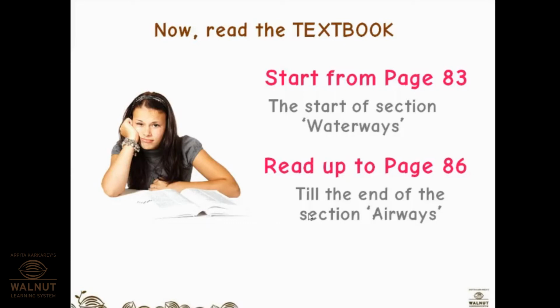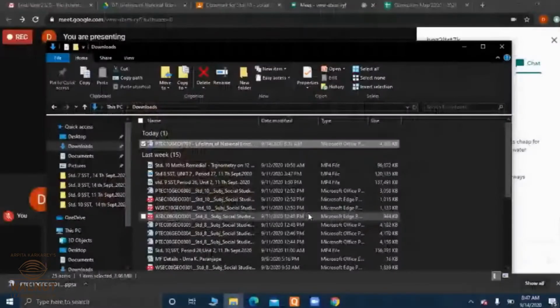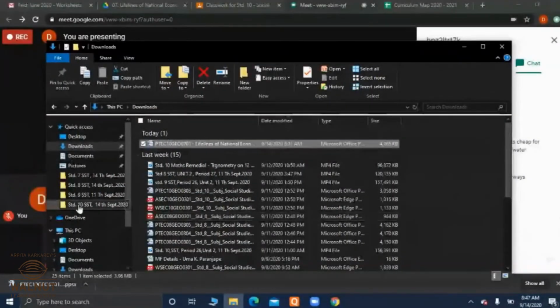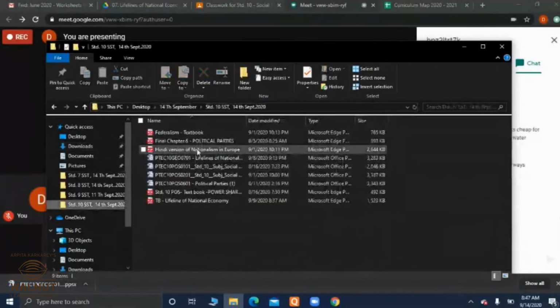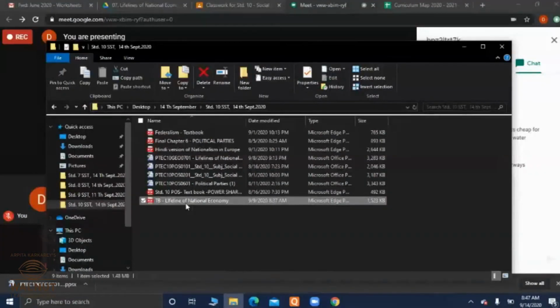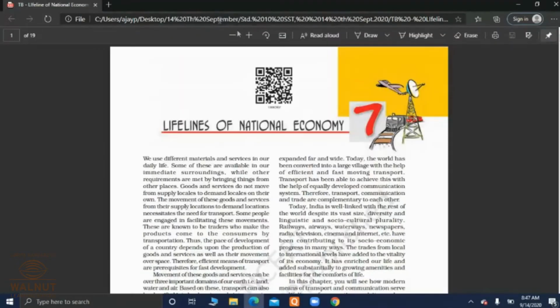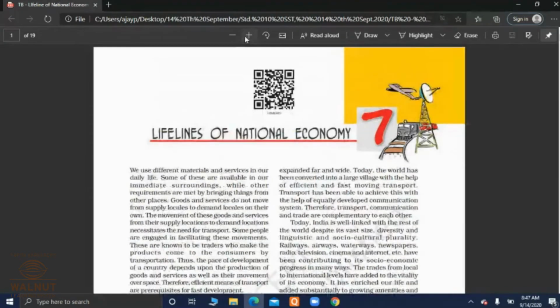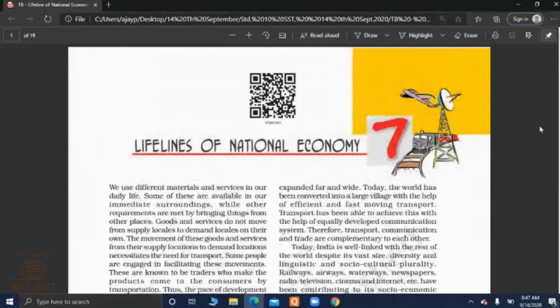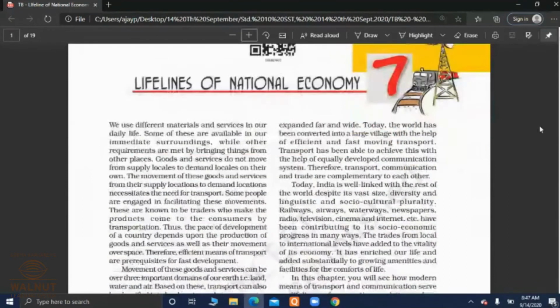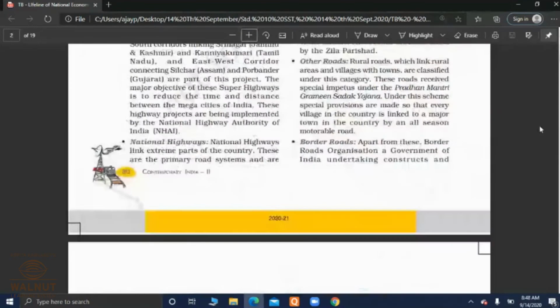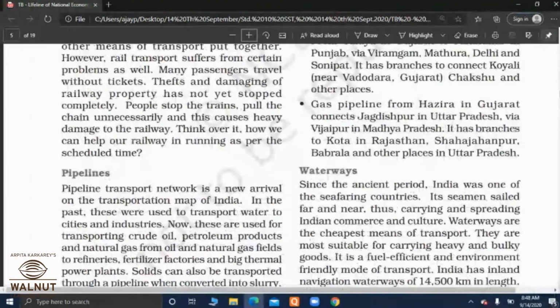Now we will go to the textbook. We will read the textbook. Please do not skip reading the textbook at home. Don't avoid or overlook the diary entries, because that will be helpful to score good objective marks, as well as you come to know the sequence and what topics are included in detail. So please do follow the diary entries at home also.